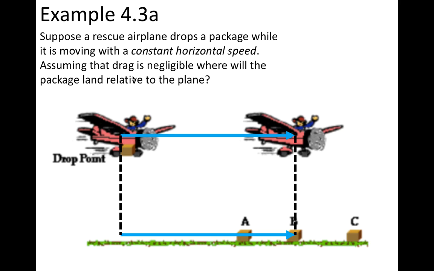It's going to be at point B, directly beneath the airplane. This is kind of just the reverse of the video that we just watched, where the video shows a cart that stays beneath the ball while the ball is in projectile motion. Here, the package will maintain a position directly beneath the airplane because they share that same constant horizontal speed.